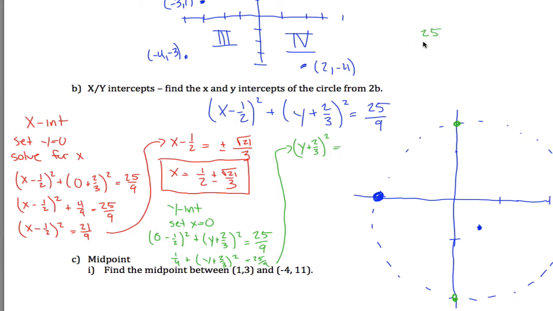Yuck. 25/9 minus 1/4 is the same as 100/36 minus 9/36. I need to get a common denominator if I'm going to subtract these. 100 minus 9 is 91, so I get 91/36. I'm going to erase that because it looks really ugly. You subtract fractions, you get 91/36, which is what I'll write here.